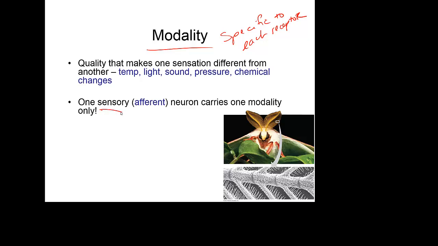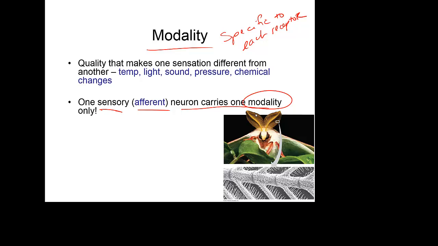You have one sensory or afferent neuron carries one modality, meaning that if you wipe your finger across your desk, you can feel that you're touching something, right? It doesn't taste. You aren't sending a signal to your brain of what your desk tastes like with your finger.